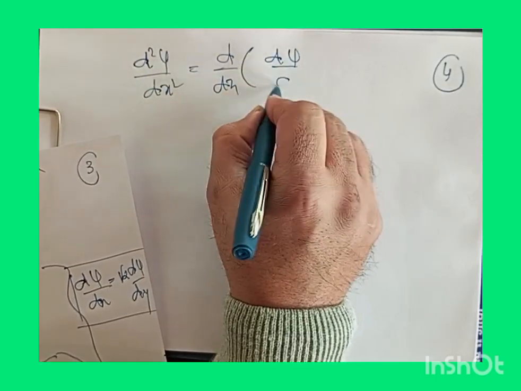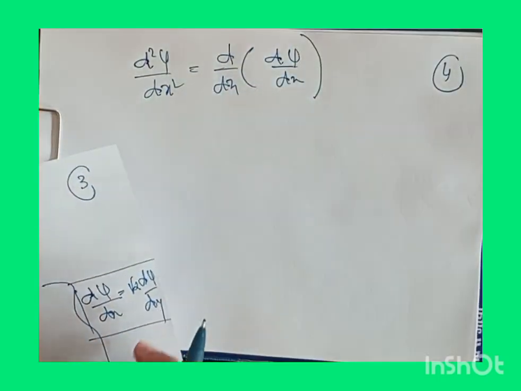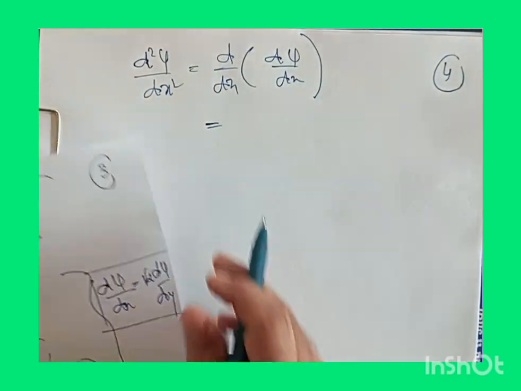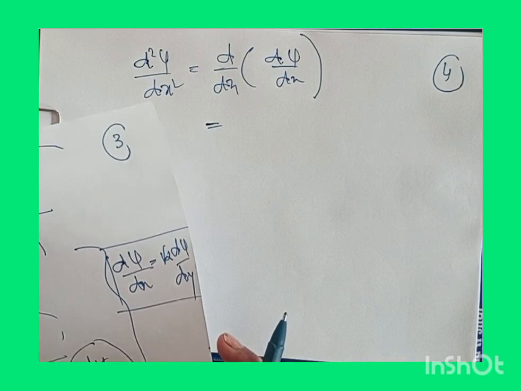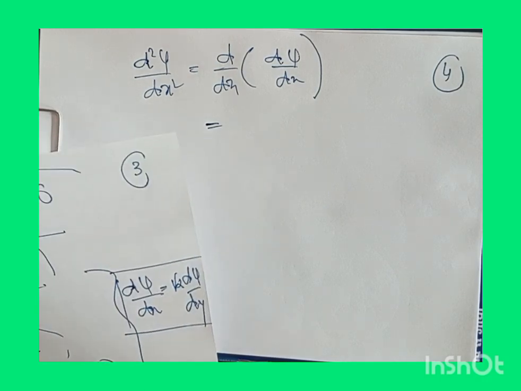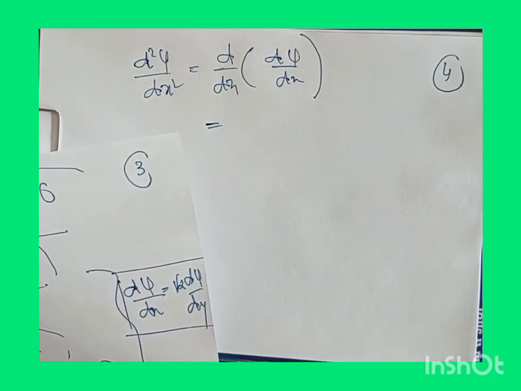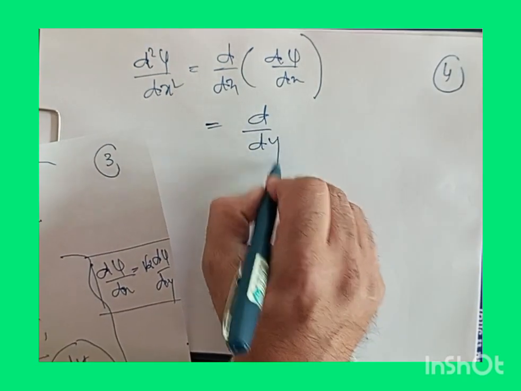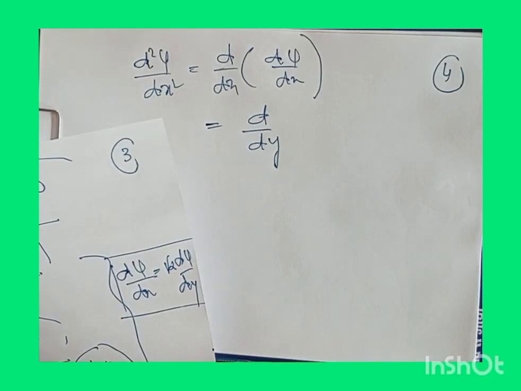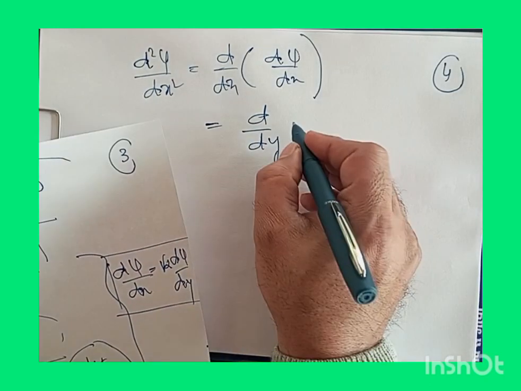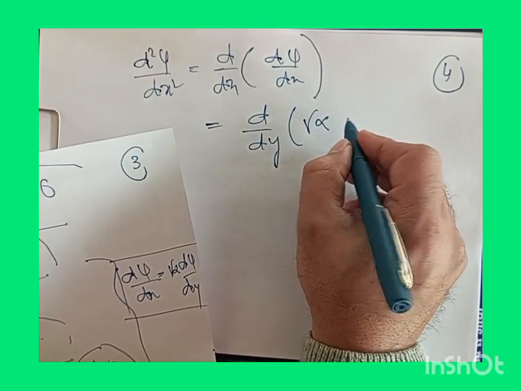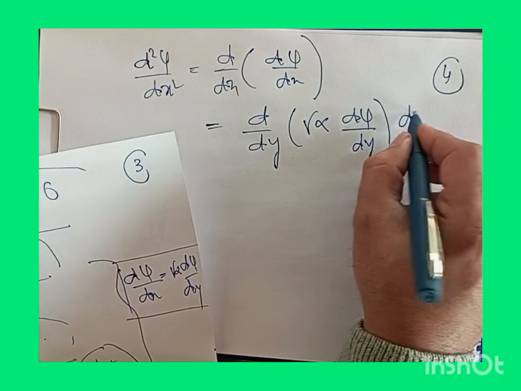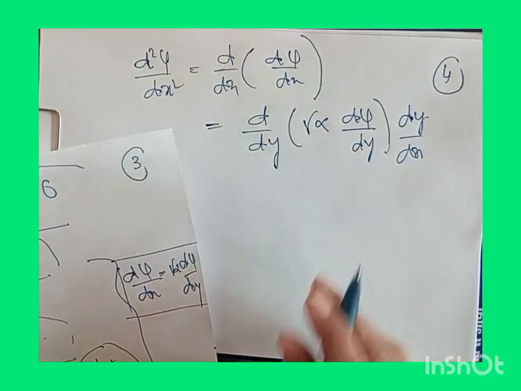That should be the case, and I can replace here d by dx with d by dy, and what I will have is under root alpha, then d psi by dy times dy by dx.